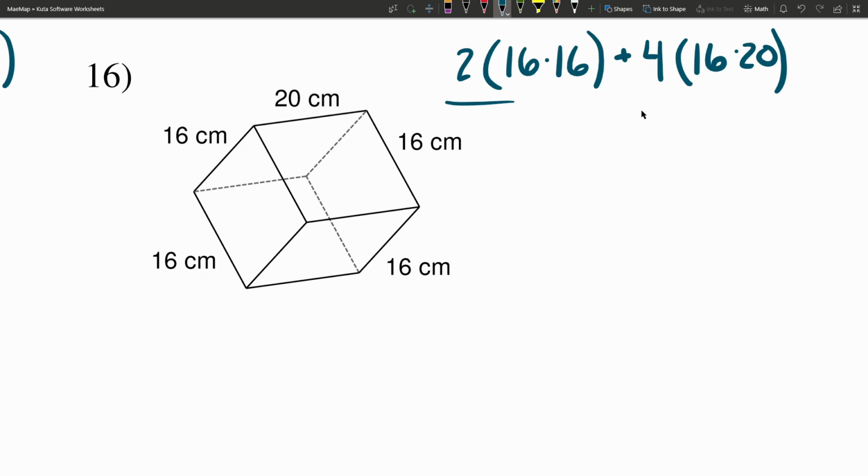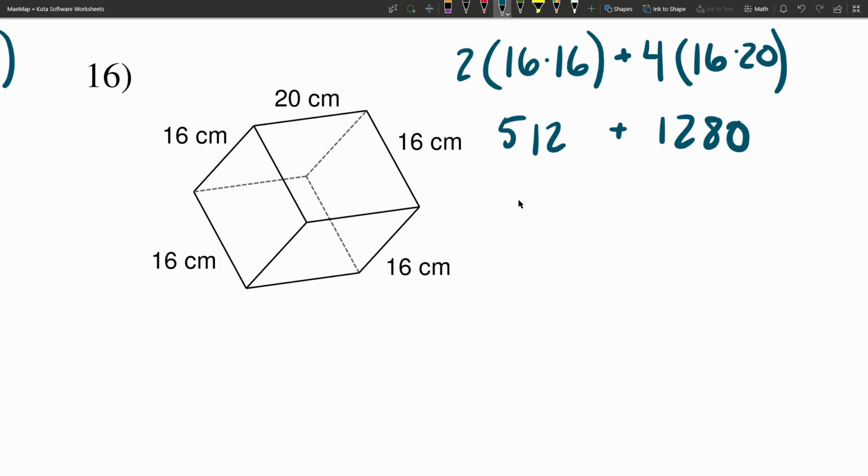Now that I've taken care of the area of each of my sides, 2 of them that are 16 times 16 and 4 of them that are 16 times 20, I just need to work out the math. So we have 16 times 16, which is 256. Multiply that by 2 to give us 512. And then we're going to add that to 16 times 20, which is 320. When multiplied by 4, gives us 1,280.